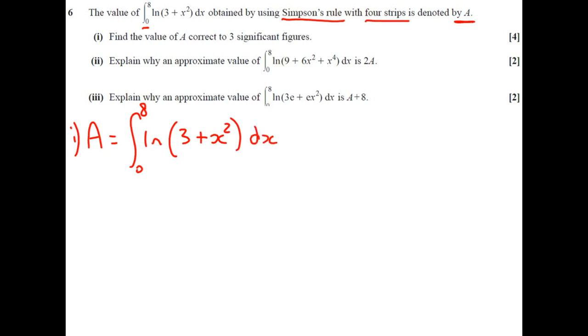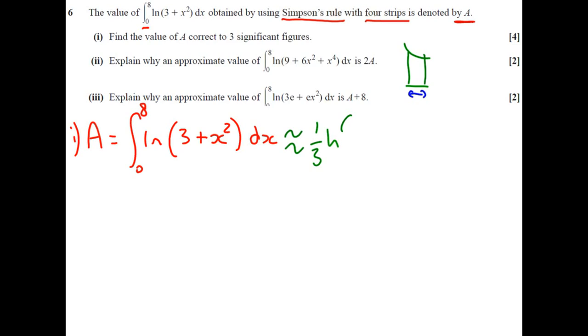Now, Simpson's Rule, if you look in your formula book, is on page 5: a third times h. h is the height of your strip. Okay, so it's actually the width.